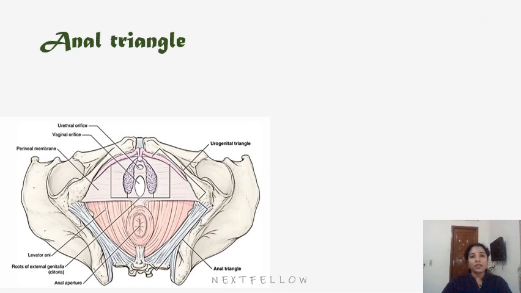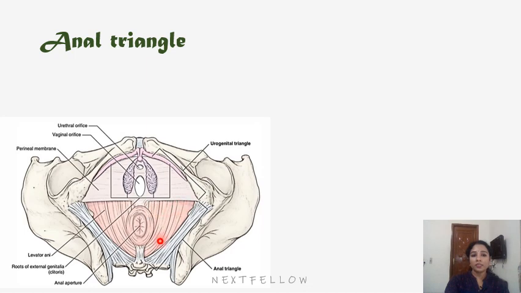The anal triangle has two components, the muscles and the ischiorectal fossa. The muscle of the anal triangle is the external anal sphincter, and laterally a muscle called the obturator internus.